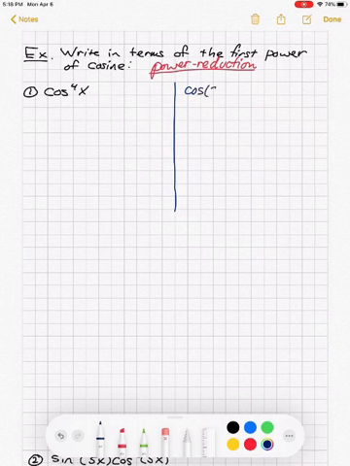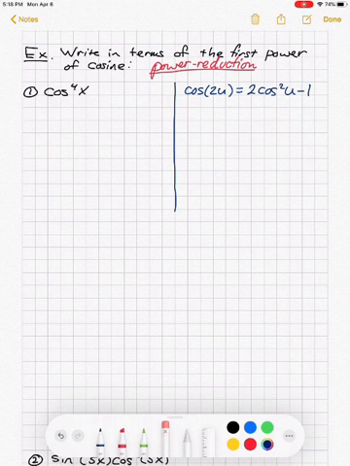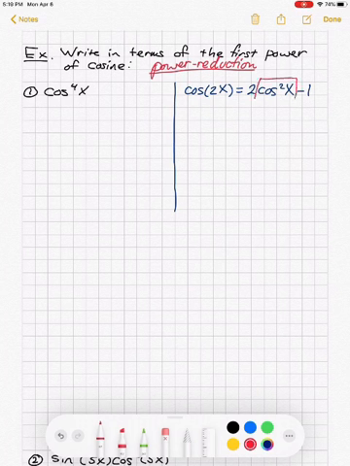Say start with this one. I can use u or x. It doesn't matter. Should I do x? Either way. Okay, here's what I'm going to do. I'm going to solve for cosine squared.